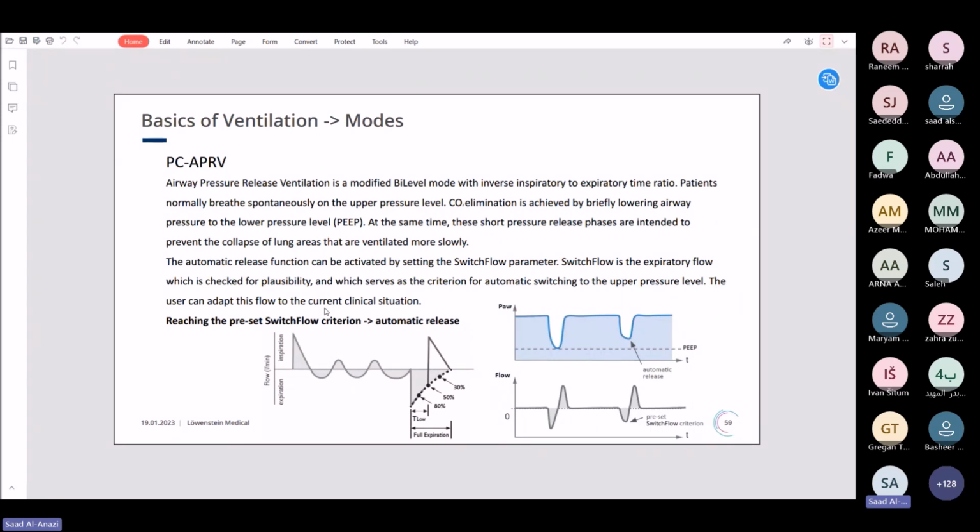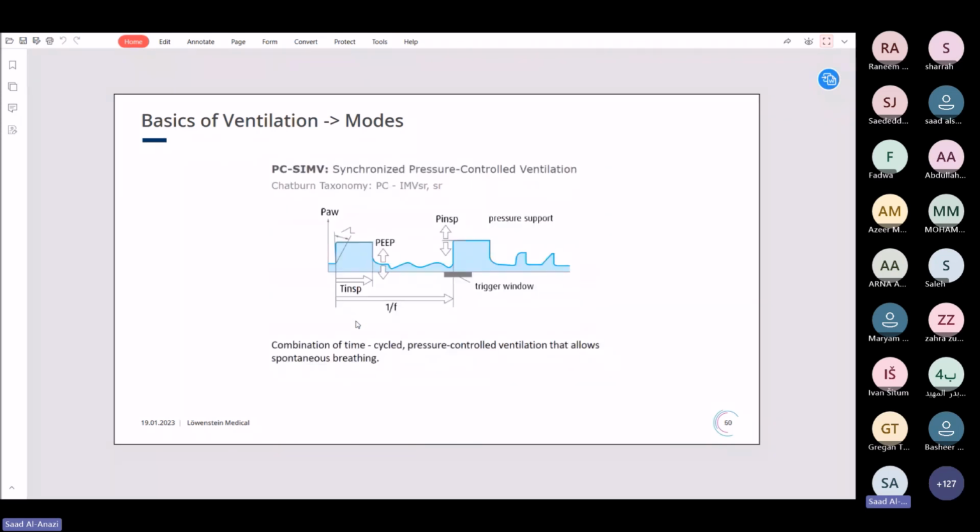At the same time, the short pressure release phase is intended to prevent the collapse of the lung areas that are ventilated more slowly. As you see here, the pressure releases automatically, and again goes back to the upper pressure level, so the patient can breathe spontaneously at the upper pressure. So this is one advanced modality.